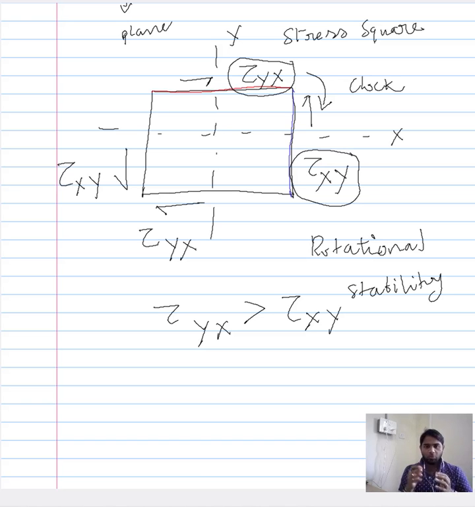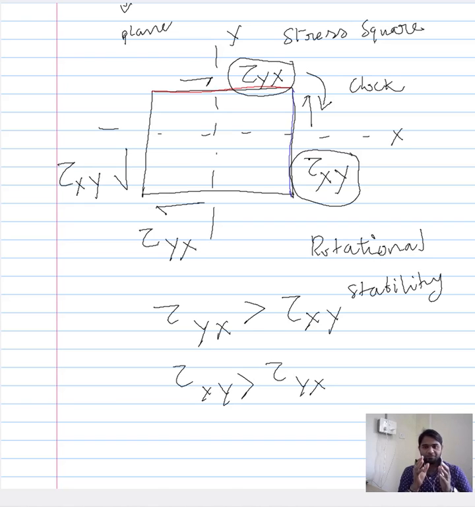So when there is an inequality between these two stresses, the rotational stability is disturbed, and depending on which stress is greater, there will be a rotation along a particular direction. Supposing tau xy becomes greater than tau yx, then there will also be a rotation, but in the anti-clockwise direction. So when you have an inequality between these two, there will be a disturbance in the rotational stability and the square starts to rotate.